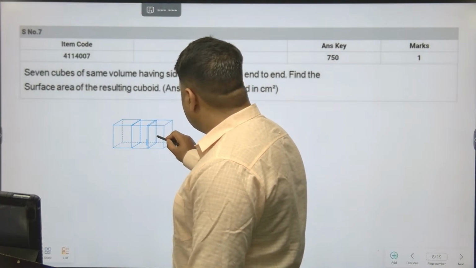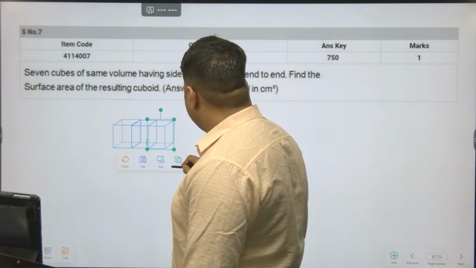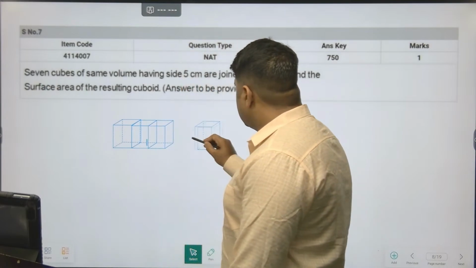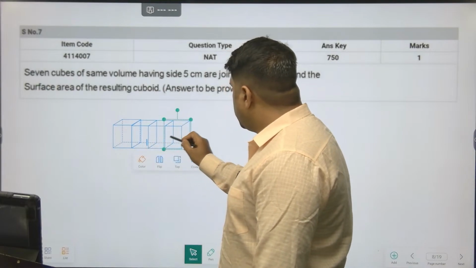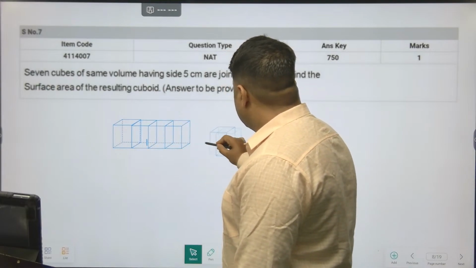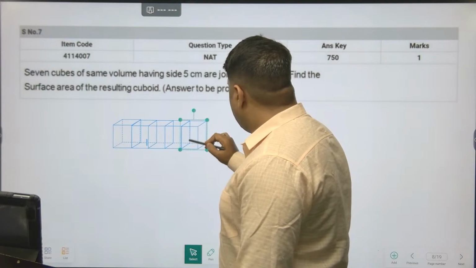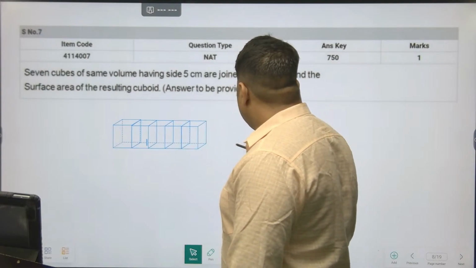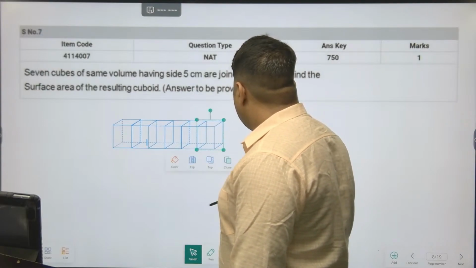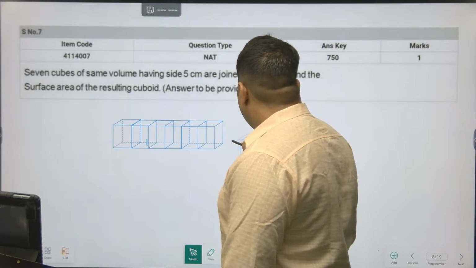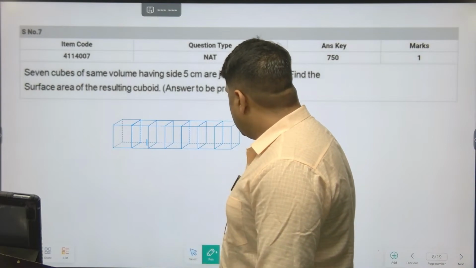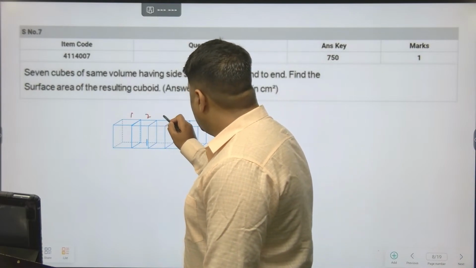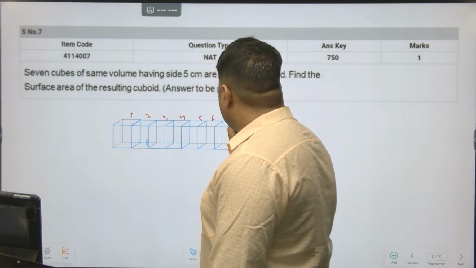So 7 such cuboids are going to get joined. One, two, three, 4, 5, 6, 7. So see here we are having 1, 2, 3, 4, 5, 6, 7.